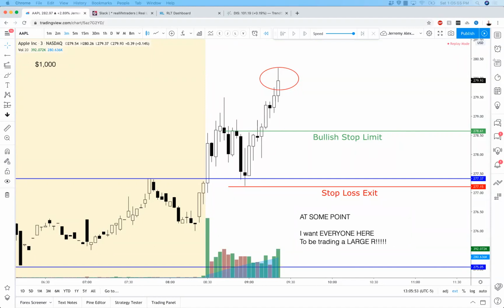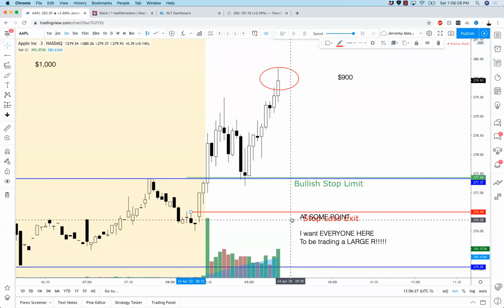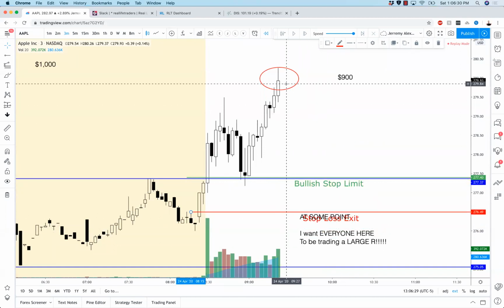You'd have the ability on just this Morningstar trade to make $900 in less than 30 minutes. Yes, please. Yeah, sign me up for that. How do I press buttons and make $900 in 30 minutes and then go do whatever I want the rest of the day? And that's not even, if you bought down here with a stop down here, you're up $1,900.